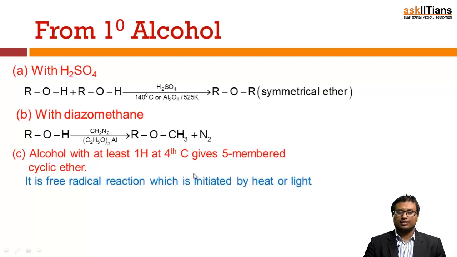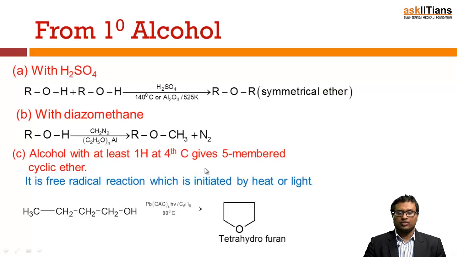It is a free radical reaction which is initiated by heat and light. So for example, you have an alcohol, in the presence of PbOAc4 or in the presence of light. This is important. You are generating a free radical, and at a certain temperature, 80 degrees, you will get a tetrahydrofuran.